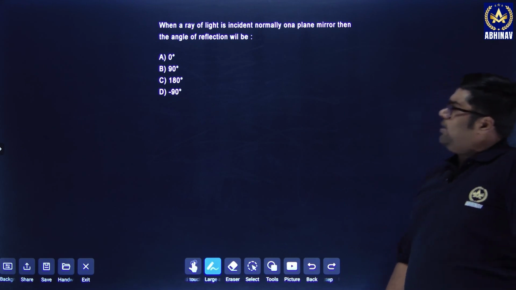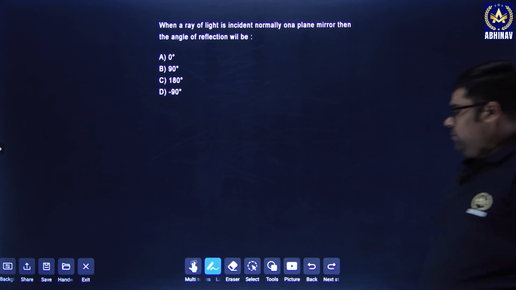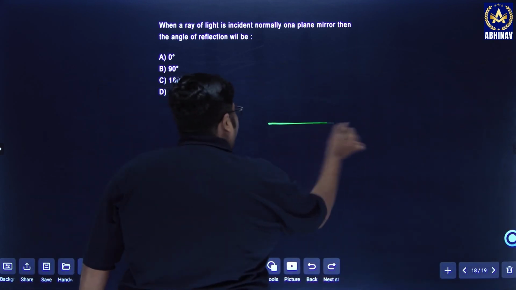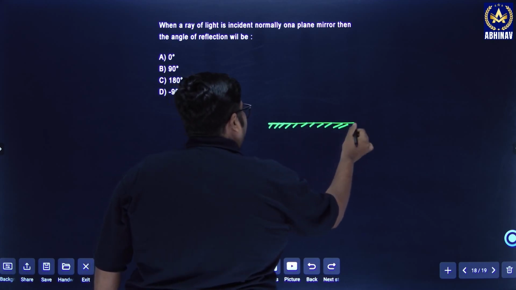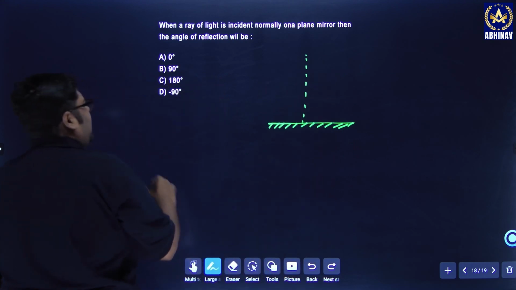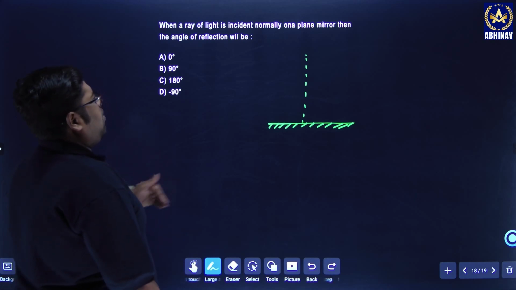A beautiful question again: when a ray of light is incident normally on a plane mirror, then the angle of reflection will be? It's a conceptual and very easy question. Suppose this is our plane mirror and this is the normal, right? It is given that a ray of light is incident normally.